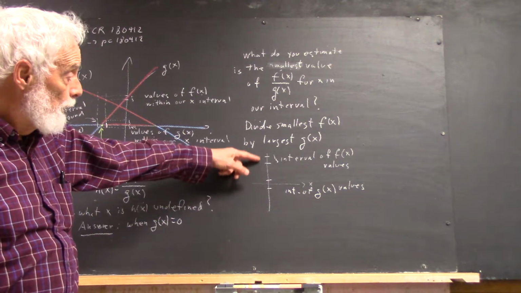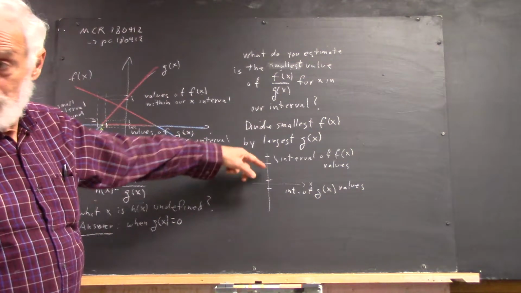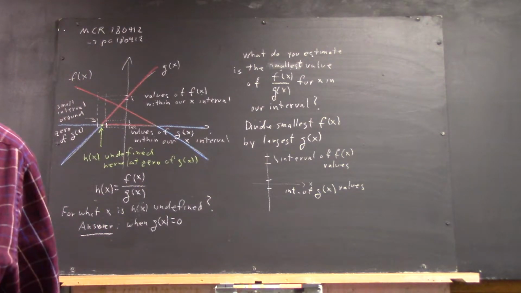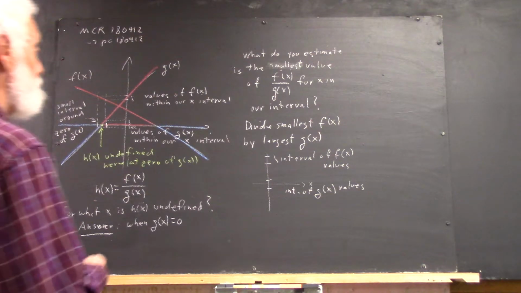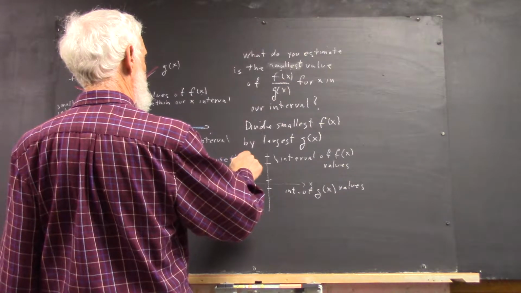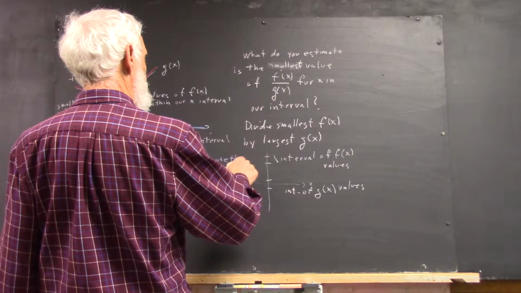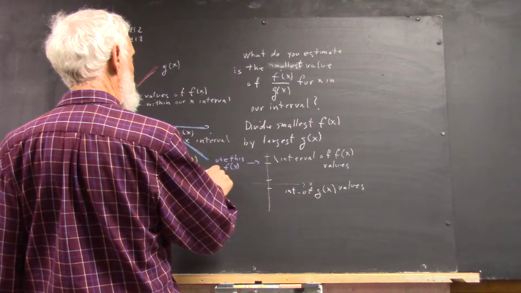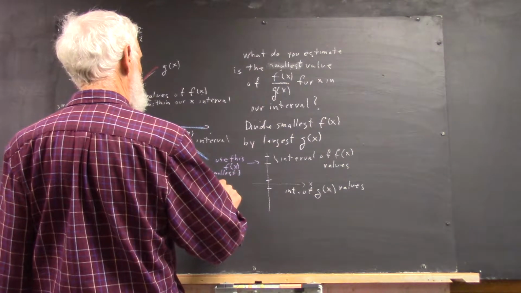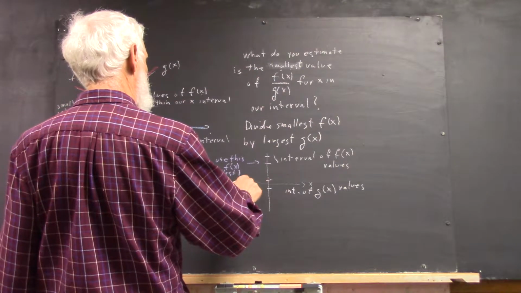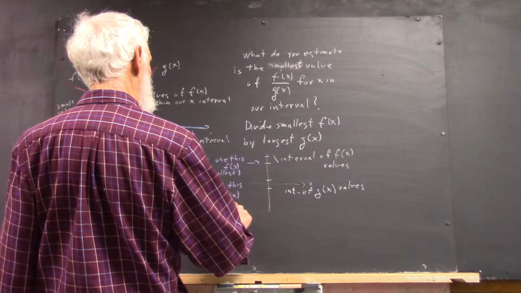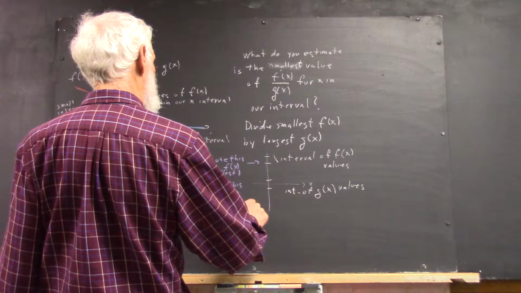Where in this interval is the value of f of x that we want to use? The one closer to 0, so we use the smaller one. This f of x, it's the smallest. And we use this g of x, which is the largest.